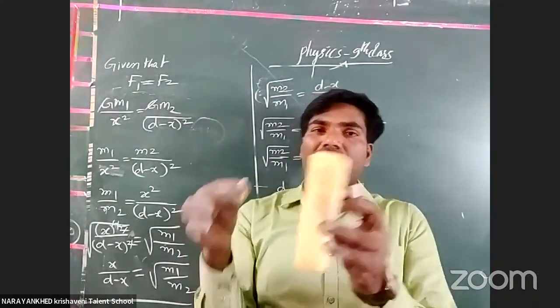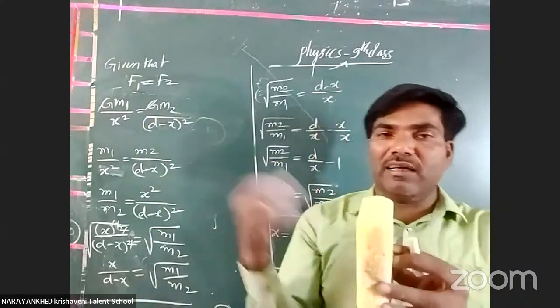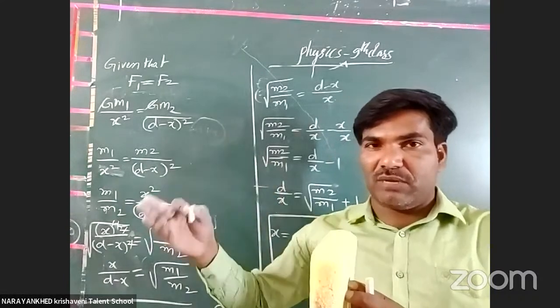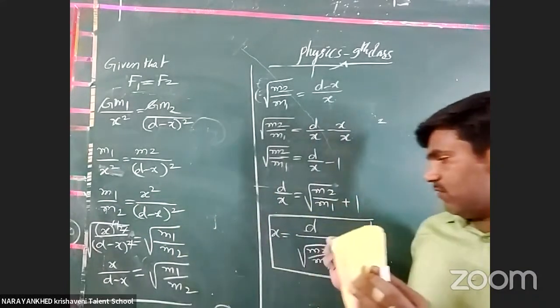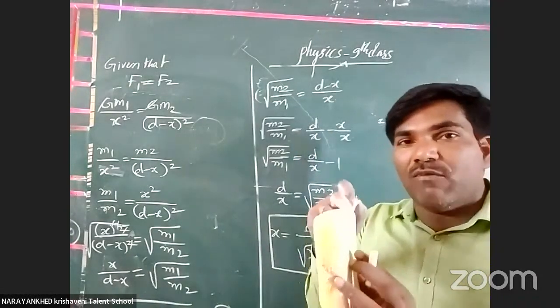At what distance between our two masses does the gravitational force on the middle one become zero?